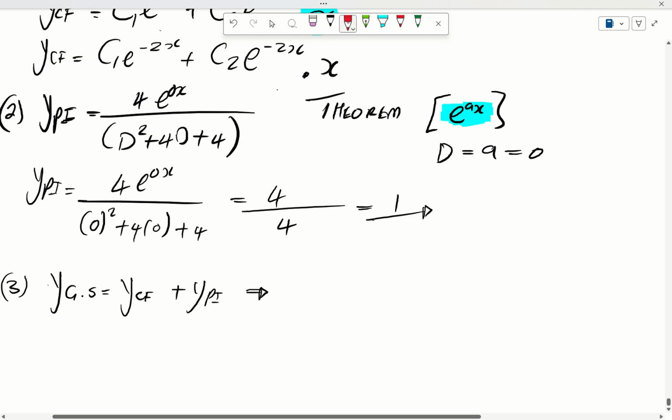We take this answer and this answer right here and combine them. We'll have C1 e to the minus 2x plus C2 e to the minus 2x times x, plus 1. And that's how you're going to do this one.